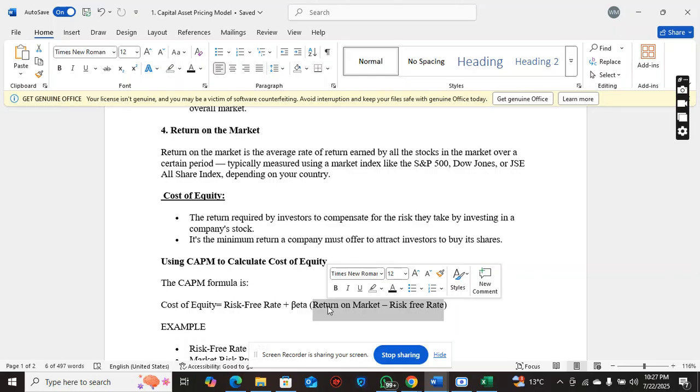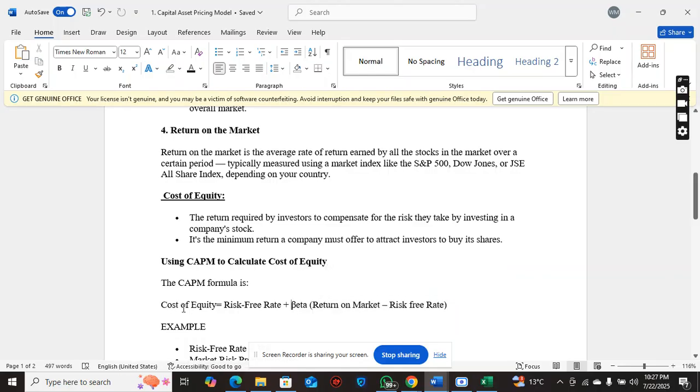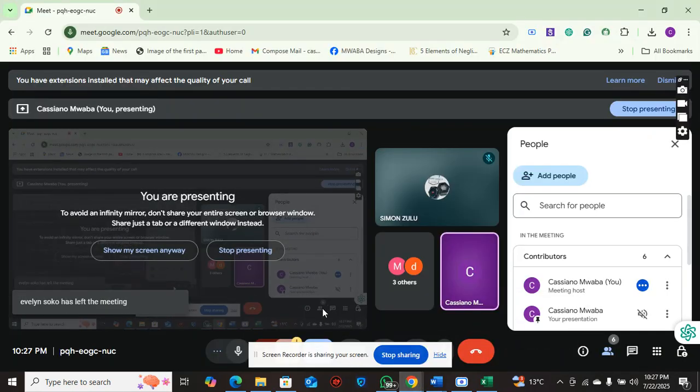So basically, in simple words, what this capital asset pricing model formula is telling you is: the higher the risk, the higher the returns.